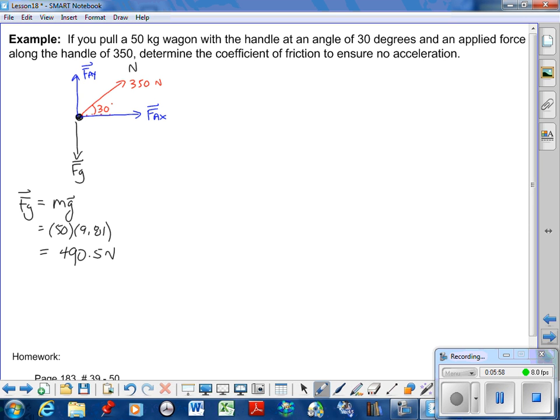All right, so FAX, if you go back to your vector formula, you know that it's the magnitude of the force times cos theta, which would mean 350 cos 30 will tell me the x component. So 350 times cos 30 is 303 newtons, we'll call it. So even though you're pulling with 350, only 303 newtons are actually in the useful direction.